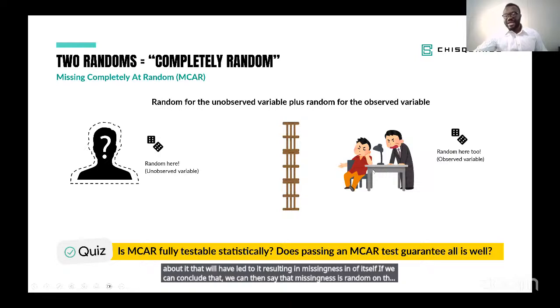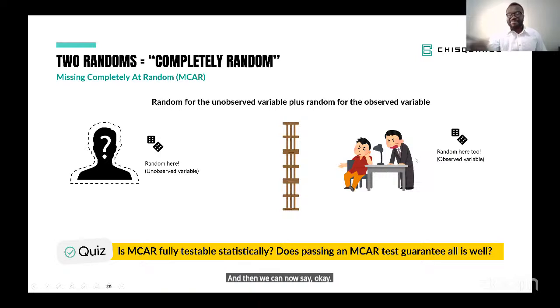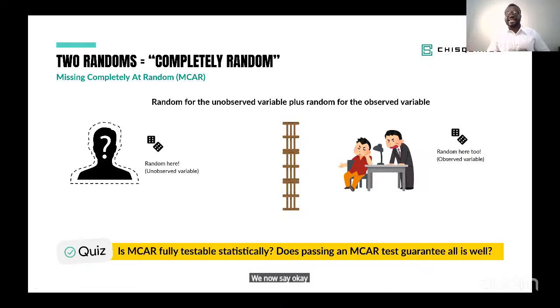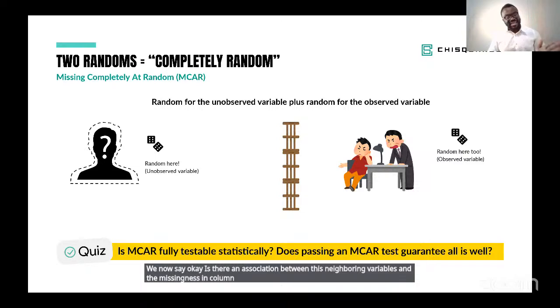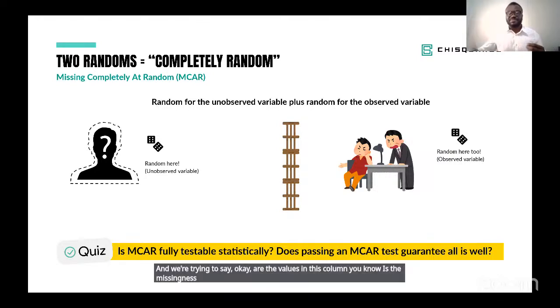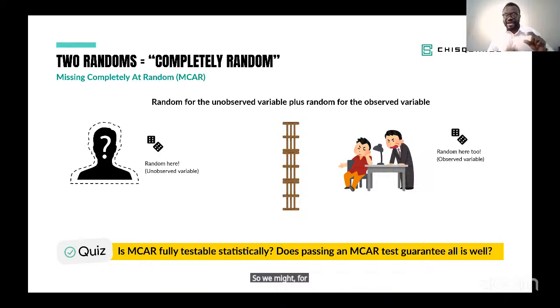And then we can now say, okay, are the neighboring variables in the data set, right? We now ask, is there an association between these neighboring variables and the missingness in the column? So we have column A, and we're trying to say, is the missingness related to column B, column C, column D? We might, for example, create a binary indicator from column A, 1 if it's missing, 0 if it's not missing.